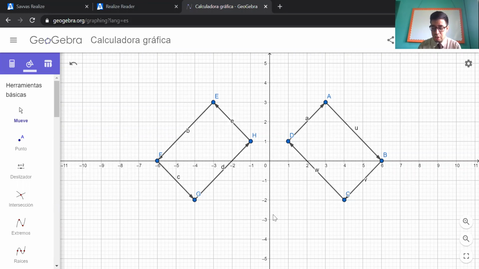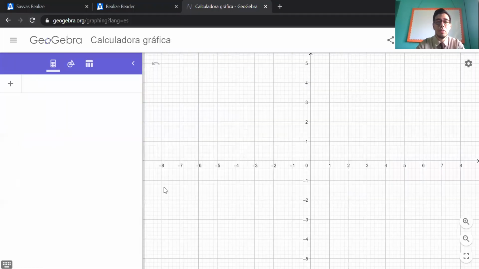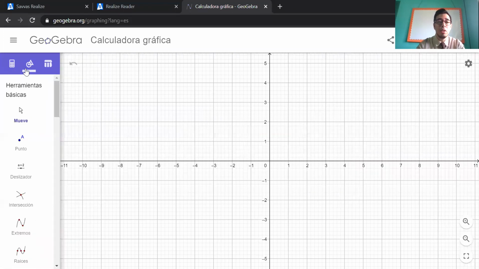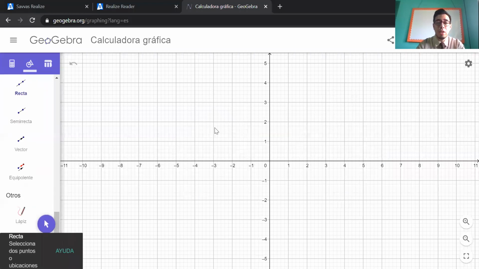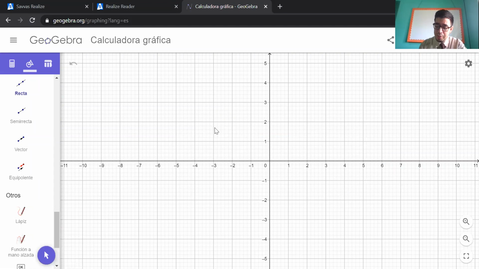This is reflected across the line x equal negative 2. So again, I'm going to clear this so we can eliminate. I'm going to draw an imaginary line, guys, because in here I don't have a way to divide this segment, okay? But what you are going to do is imagine something, okay?